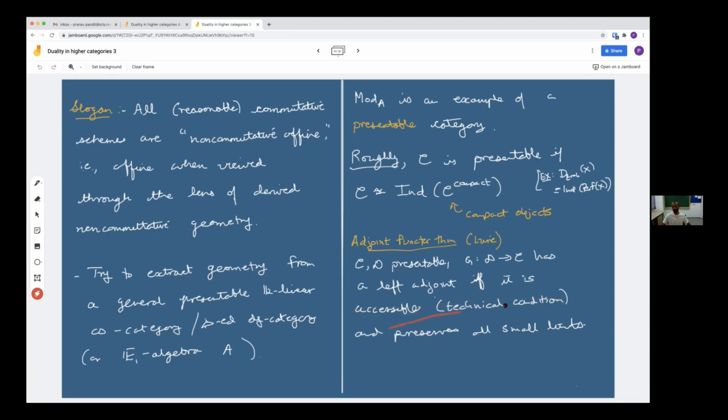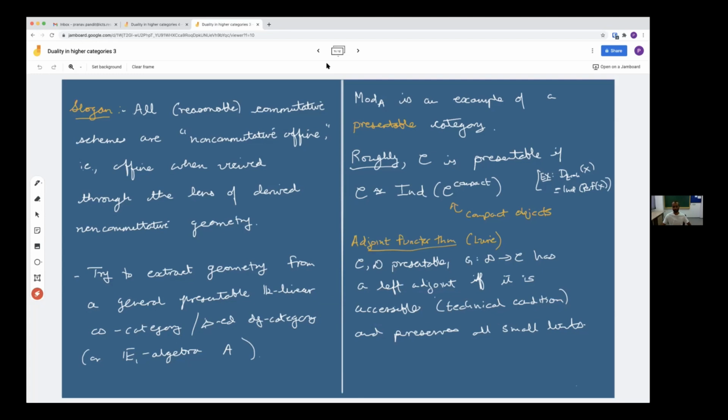But the key point is that it preserves small limits. So every functor that is reasonable, that is accessible, whatever that means, and preserves small limits, has a left adjoint. Now it's very easy to see that if a functor has a left adjoint, it must preserve small limits. So this is saying that the converse is also true under some technical hypothesis that the functor is accessible.